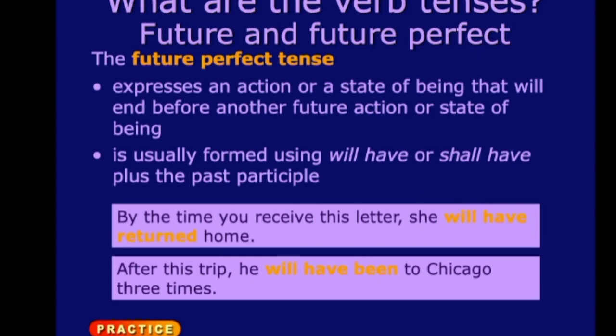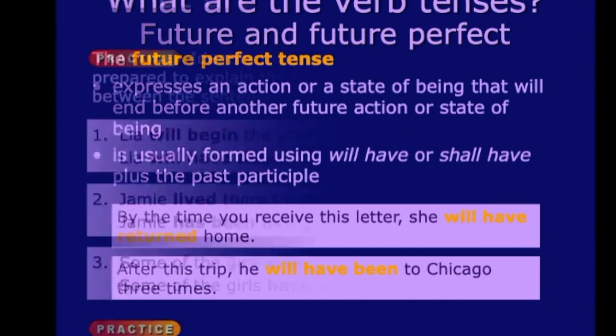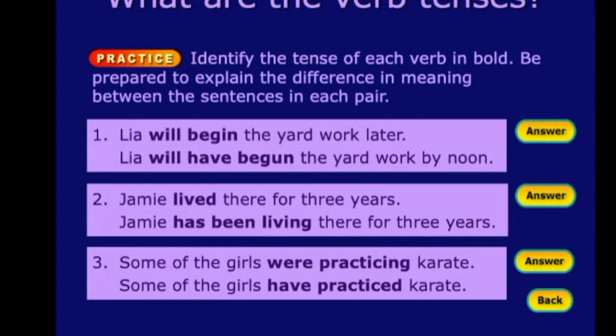So let's have practice. Are you ready? Identify the tense of each verb in bold. Be prepared to explain the difference in meaning between the sentences in each pair. Leah will begin the yard work later.